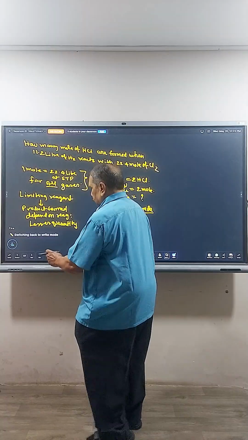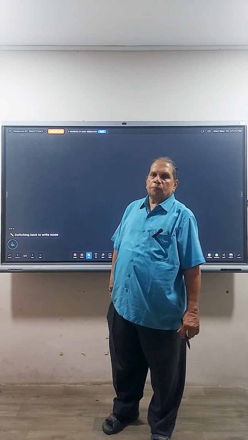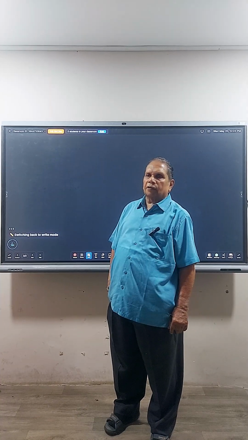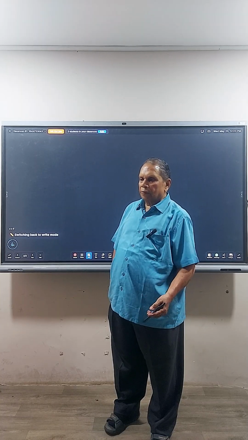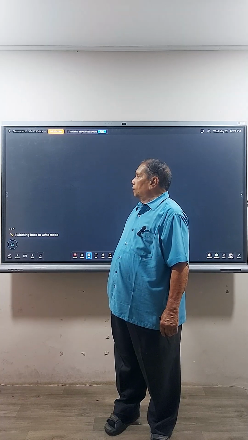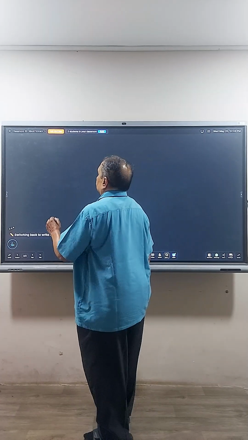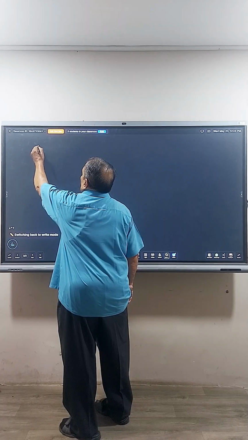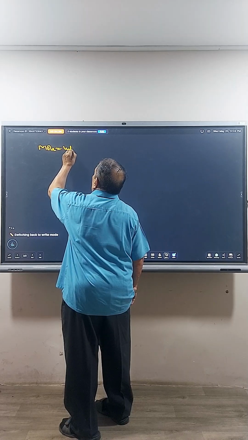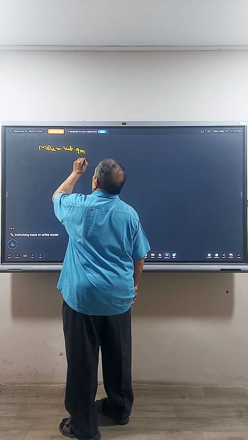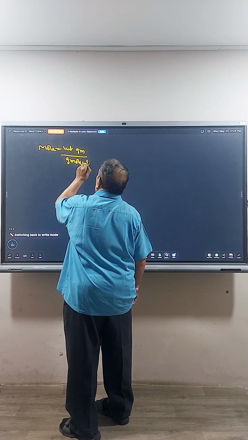We go to the next question. The next question is even easier than this question. Here at least more than one basic thing was involved, but here only one very basic thing is there, and that is mole equals weight in grams upon gram molecular weight.